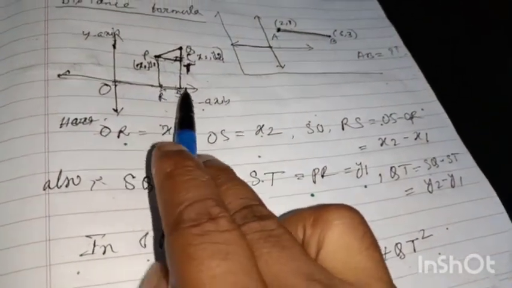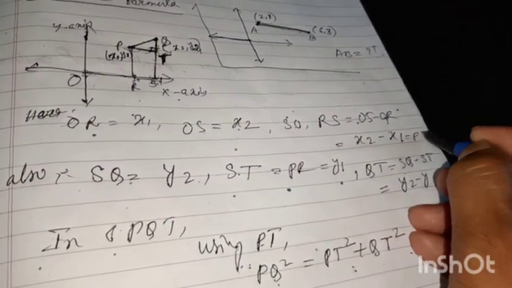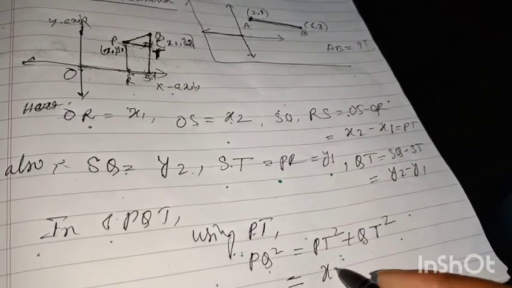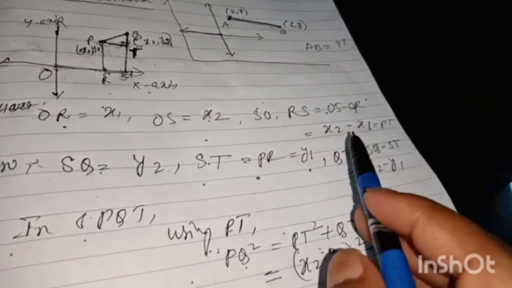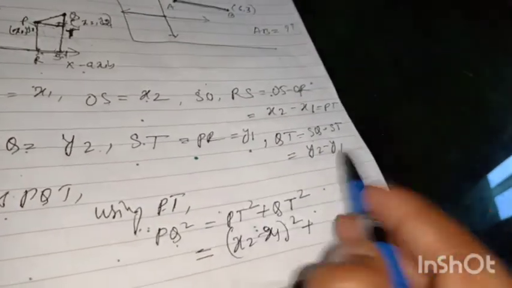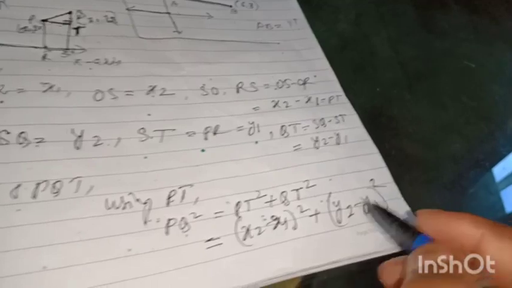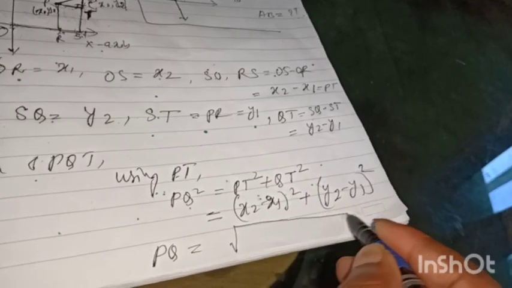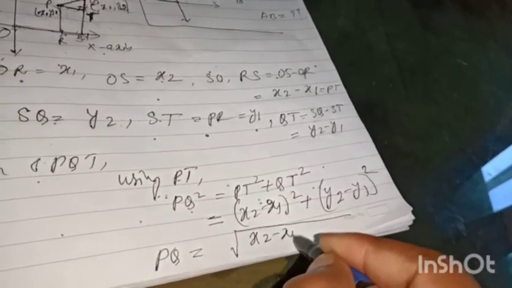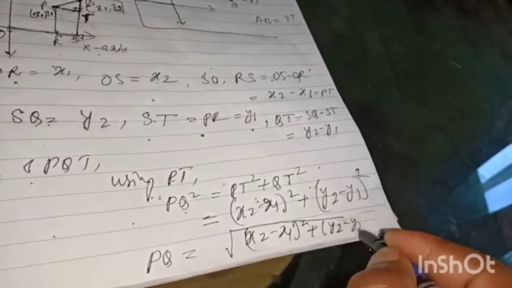So RS is equal to PT. So OS minus OR is also equal to PT, or not? Because already I told you it is a rectangle. So PT is X2 minus X1 whole square. And what is QT? QT is Y2 minus Y1. So in the place of QT you can write Y2 minus Y1 whole square. Now if you take the square root from this side, PQ is equal to root over X2 minus X1 whole square plus Y2 minus Y1 whole square.